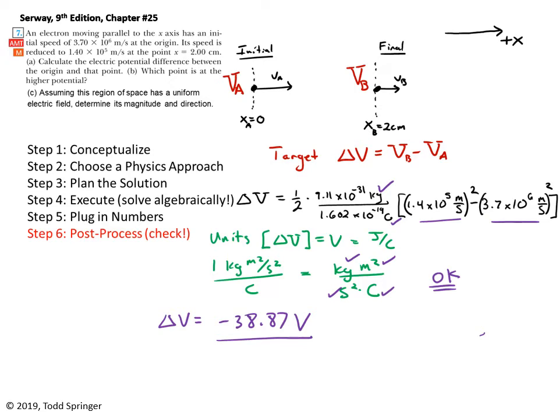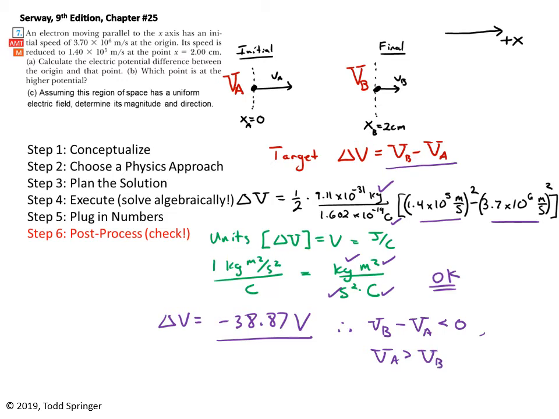We've already solved for delta V, and notice that delta V is VB minus VA, and we have that as being a negative number. So therefore, VB minus VA is less than 0, which means that VA is bigger than VB.